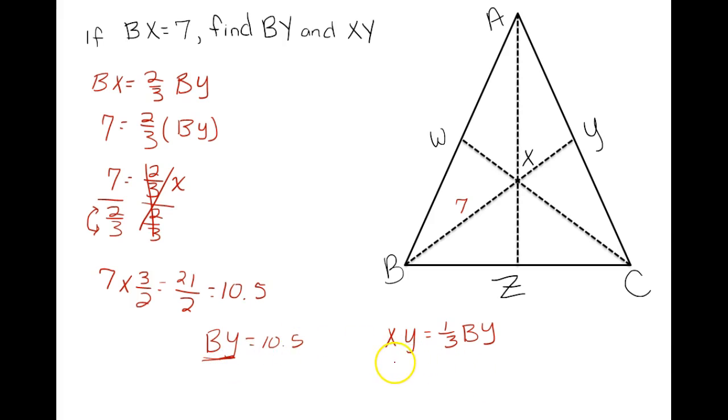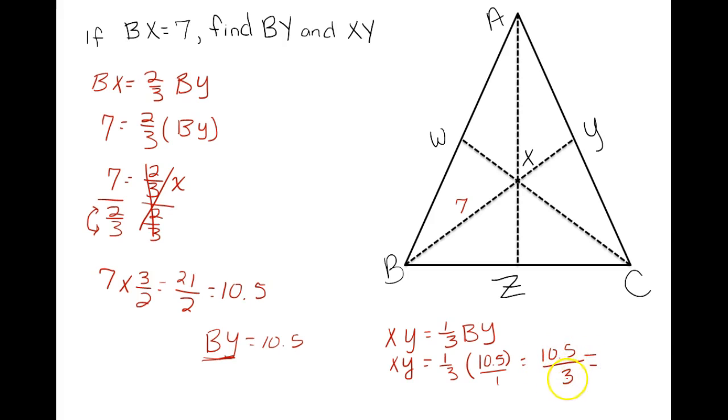So let's find XY. So XY, you can make it into your variable if you want, but I'm just going to leave it like that so that you see what we're doing. Equals 1/3 times BY is 10.5. So you have 1 times 10.5, and that's 10.5 over 3.